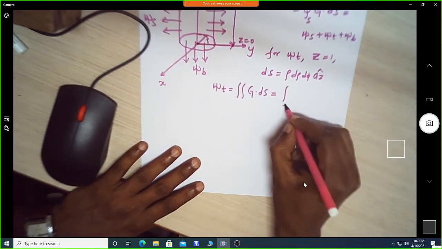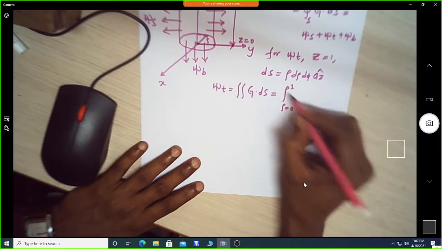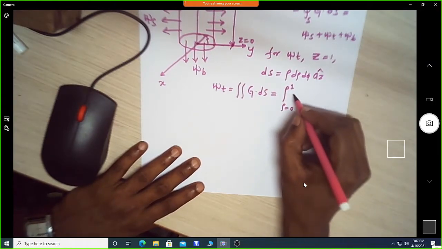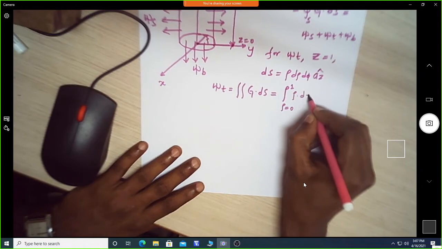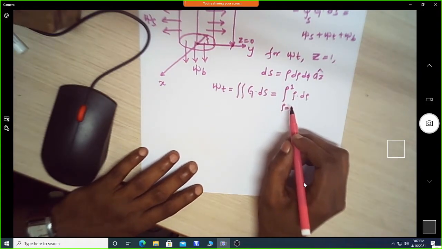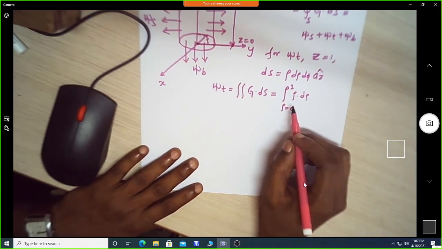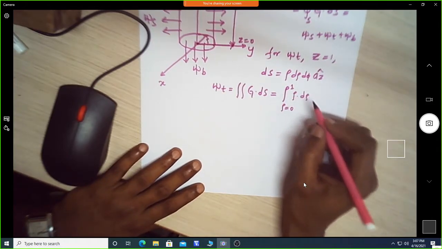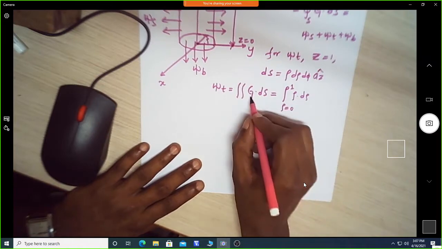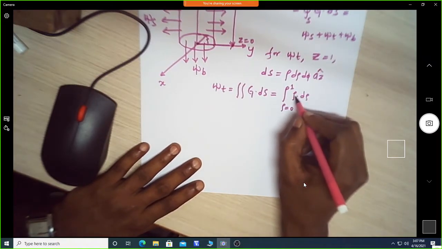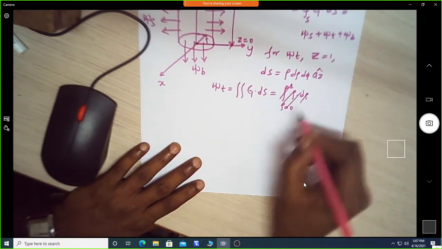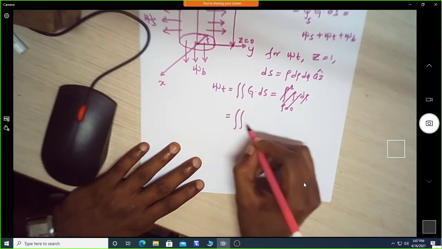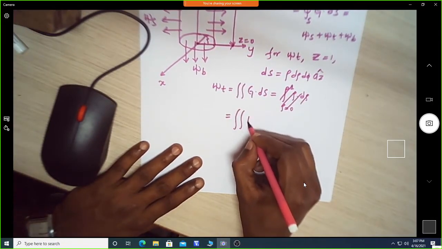So this will be evaluated with rho d rho, along with G. This G we have to write one more time, the double integral of G. So what is G?